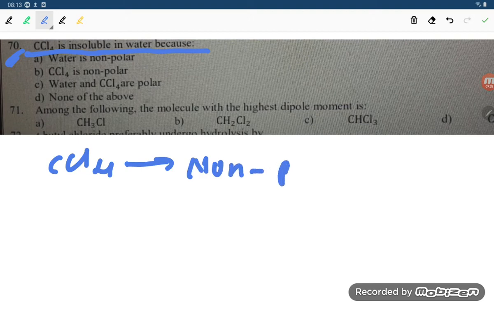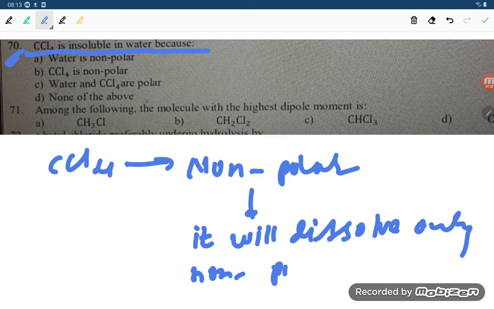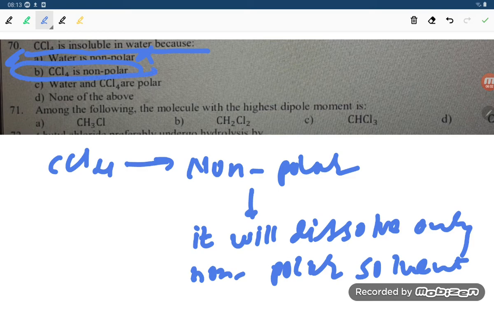If it is non-polar, it will dissolve only in a non-polar solvent, not in a polar solvent like water. So the first statement is wrong. CCl4 is non-polar. Option B is the correct option, student. Because CCl4 is non-polar, it cannot dissolve in water.